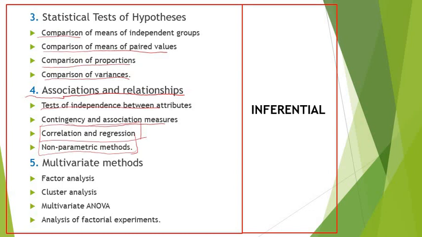Level 5 would be multivariate methods. The objective here for multivariate methods is to divide the observations into homogeneous and distinct groups, including the interrelationship among the variables.